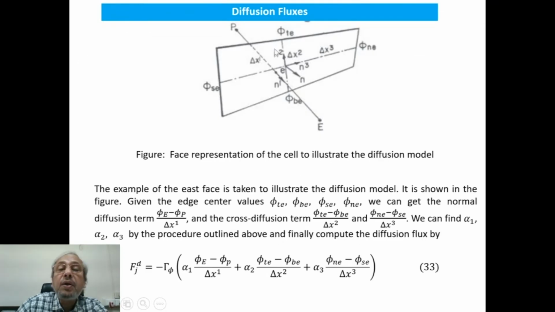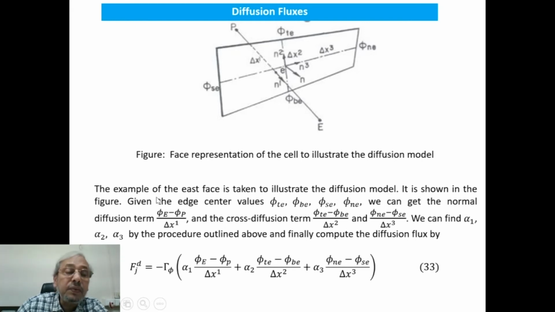Progress further with the example of again the eastern surface, and we can see that this is the edge of the cell, and this is basically center TE, and this is the edge of the cell, center BE, and phi has been defined here, phi BE. The example of the east face is taken to illustrate the diffusion model.